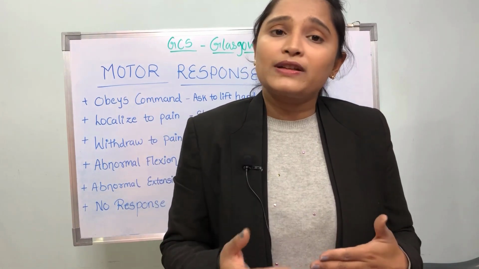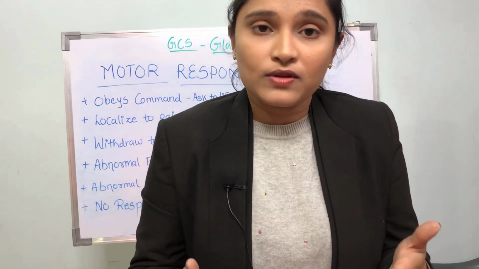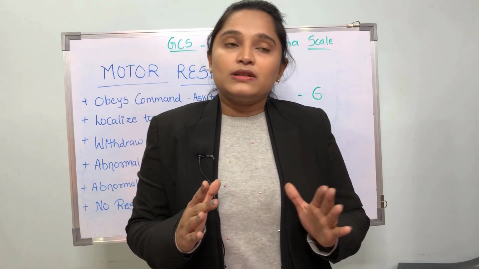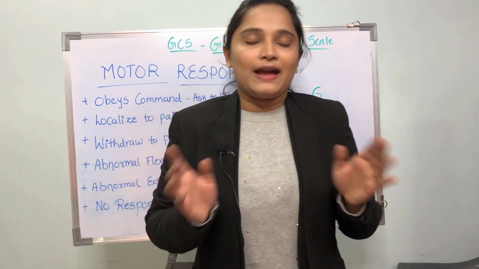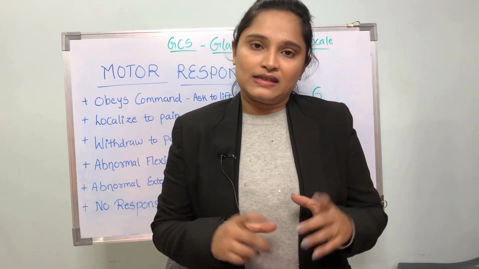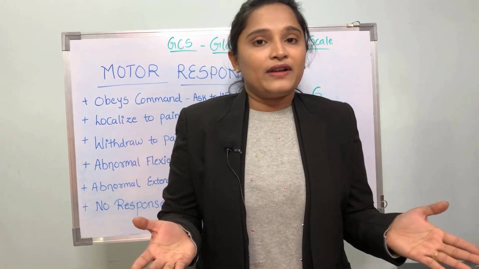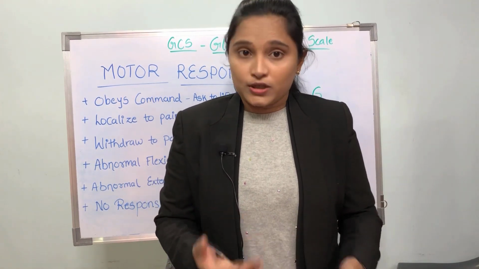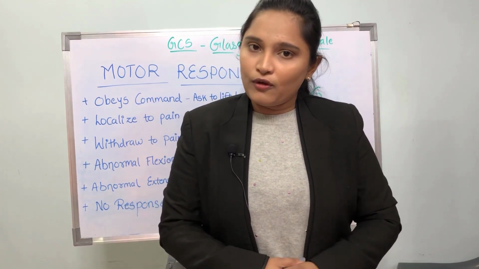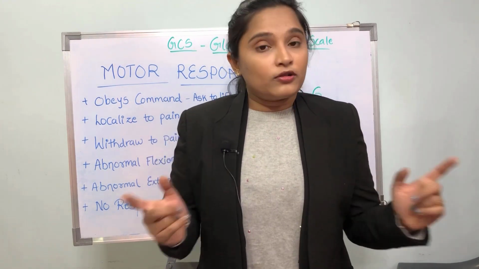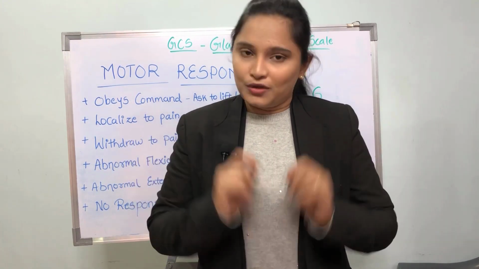Or if there is some factor which interferes with the verbal response, such as if the patient is on intubation or on tracheostomy, it is noted as NT, non-testable. Or if there is some factor which interferes with the patient's motor response, such as if the patient is paralyzed and not able to follow your command, the motor response will be noted as non-testable.